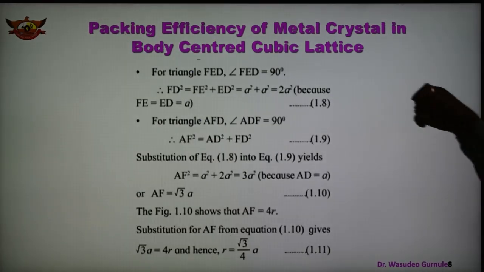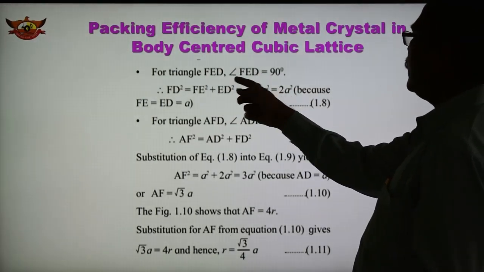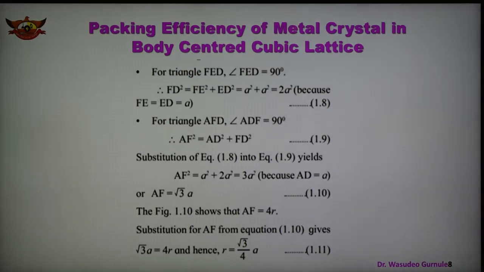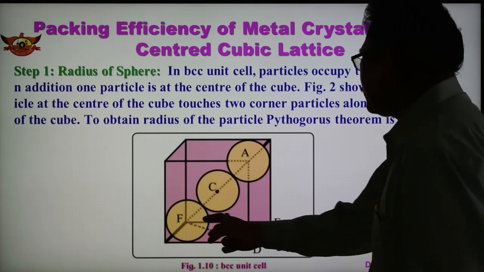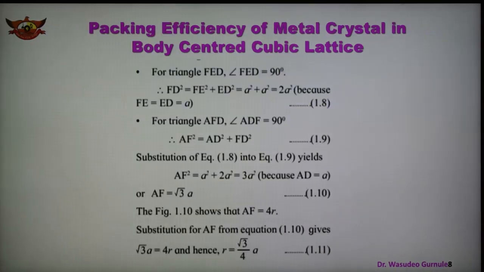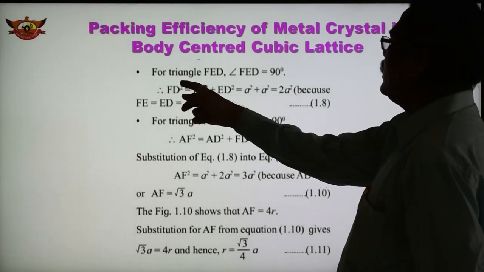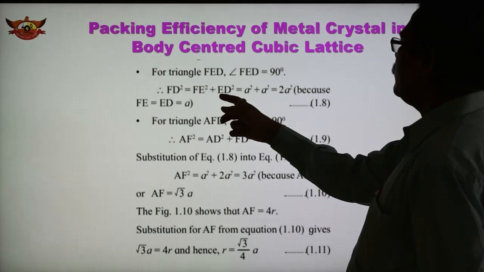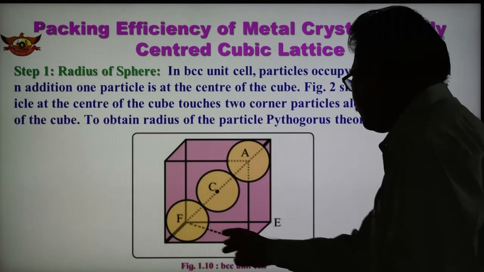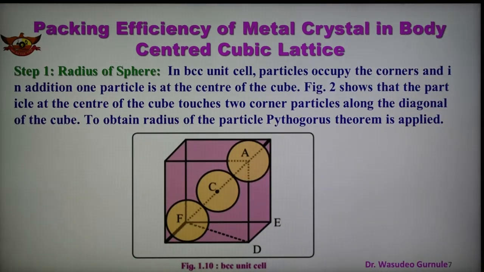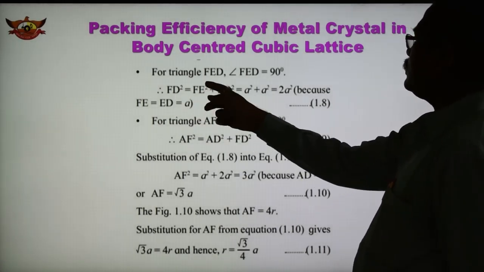In that figure, triangle FED, and angle FED is 90 degrees. Here F, E and D are shown. Therefore we can say that FD square equals FE square plus ED square. So we have to calculate FD square, which is equal to FE square plus ED square.